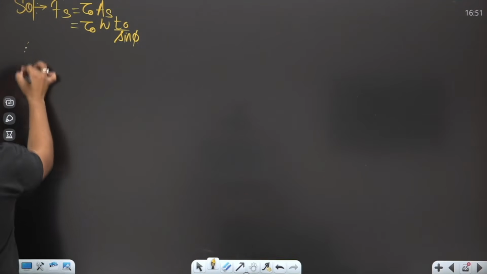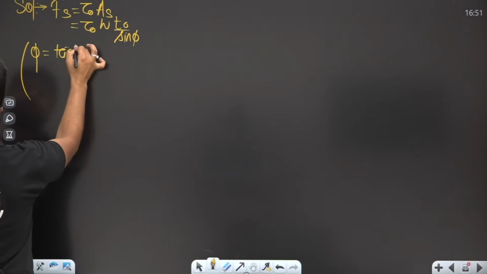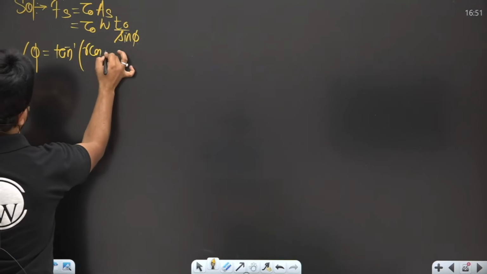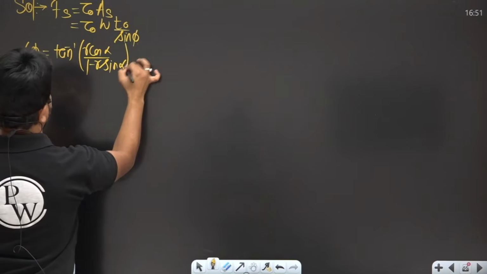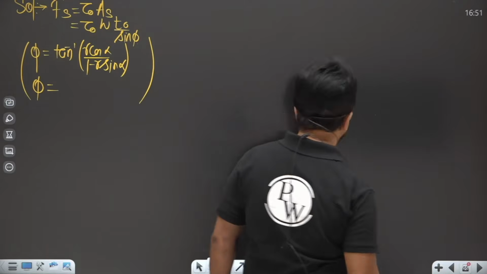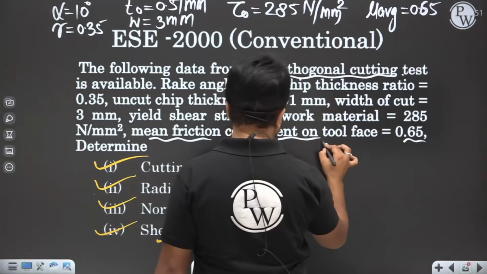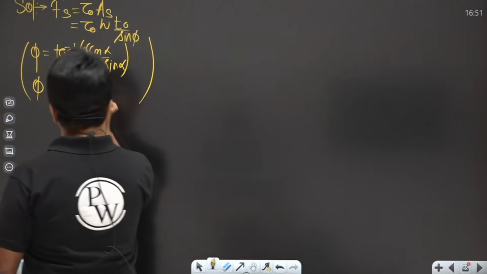So phi equals tan inverse of r cos alpha divided by 1 minus r sin alpha, right? So what will be the value of phi? Here r is given as 0.35.